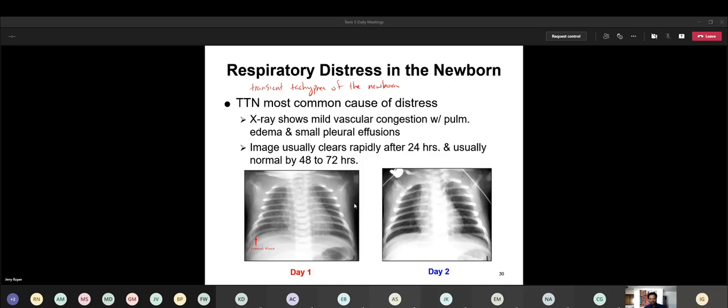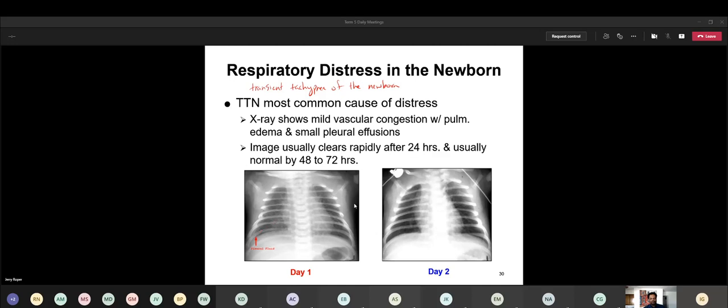But in the meantime, what we could do is CPT and suctioning to help get things taken care of. And one other thing I wanted to point out here, and it'll be pointed out again, is that with this type of problem, you do typically see a little bit of pleural effusion as well, because that fetal lung fluid will end up making its way into the pleural space.